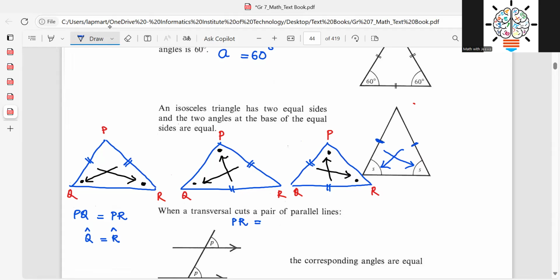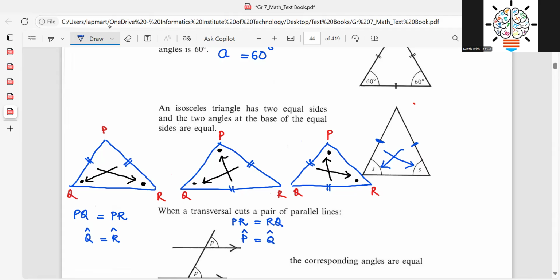PR and RQ. Sorry, RP, right? Oh, I'm writing the same thing. PR and RQ. So what are the equal angles? P angle and Q angle.